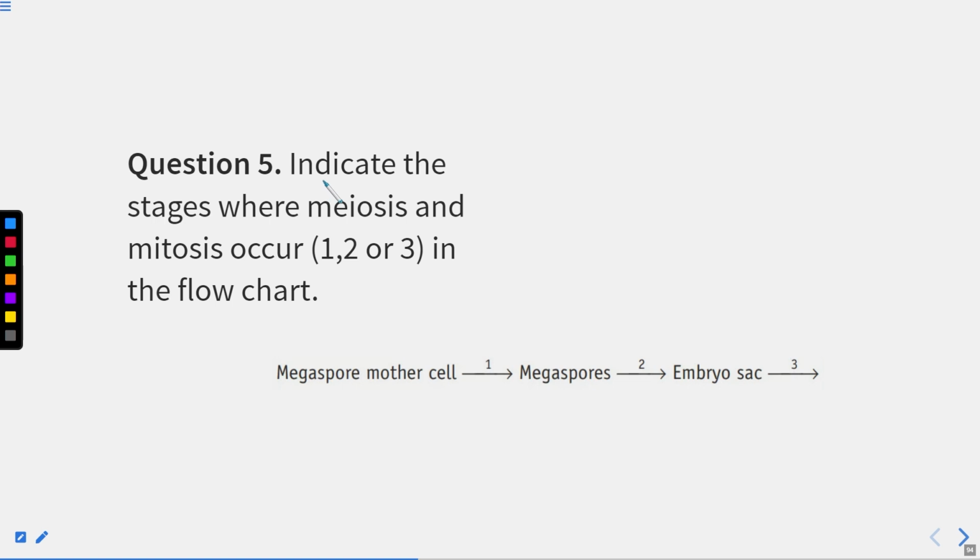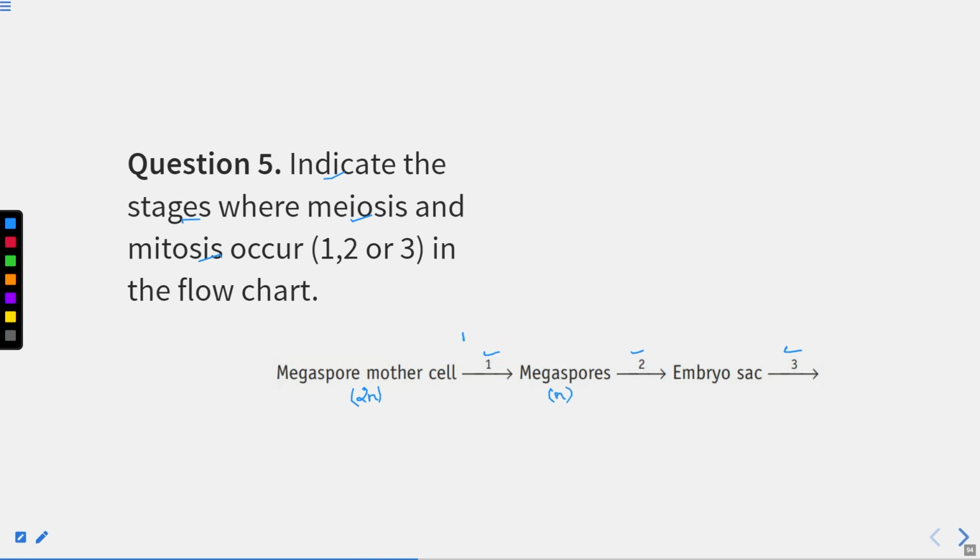Here you have to indicate the stages where meiosis and mitosis occur. So in the following flow chart, they have given you stage number 1, stage number 2 and stage number 3. Okay, so megaspore mother cell, you know it is diploid, and megaspores are haploid. So which kind of division should take place?